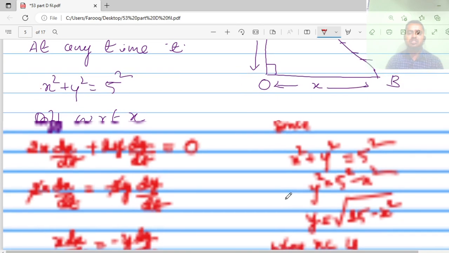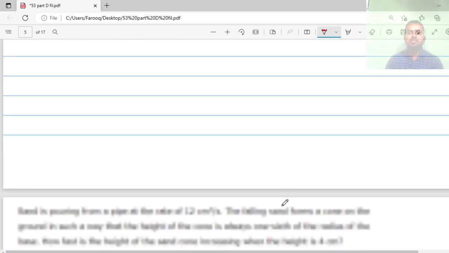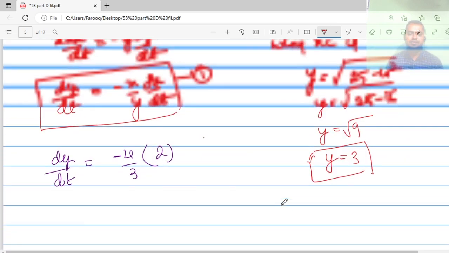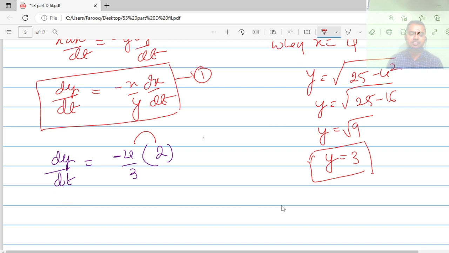We have found the y coordinate, and after that we substitute in equation 1. This 4 times 2 is 8. That is dy by dt is equal to minus 8 by 3 centimeter per second. This is your final answer.